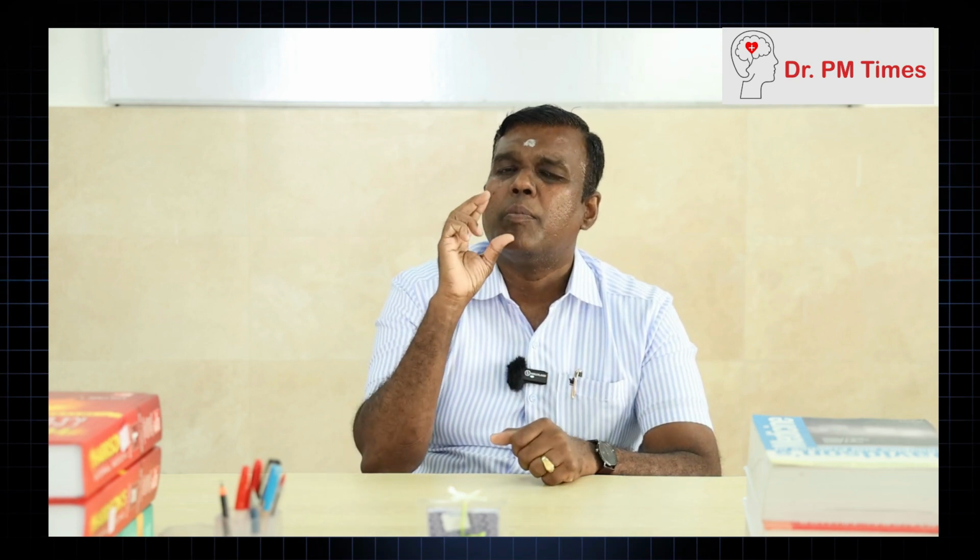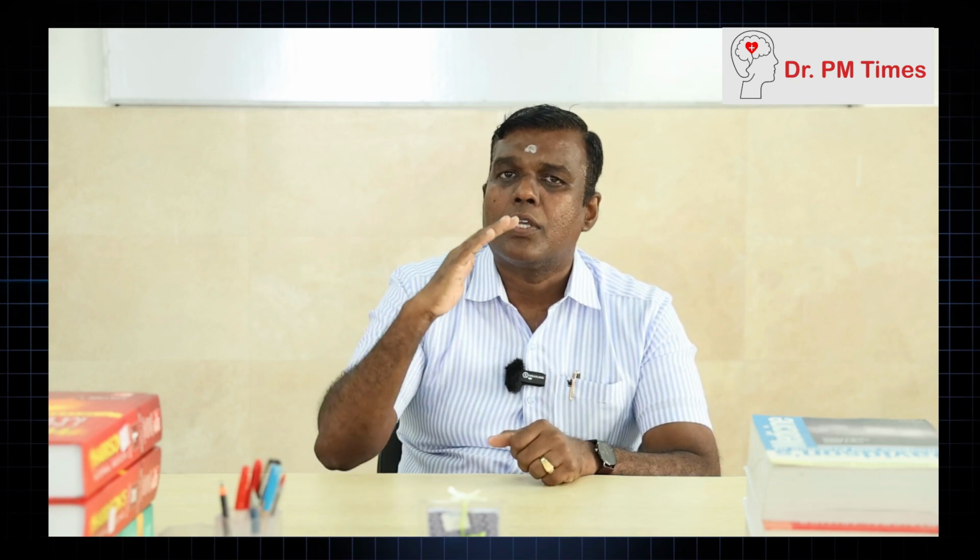So these simple habit modulations can achieve this small calorie loss of 500 kilocalories per day, and you can sustain it over a long period of time so that weight loss can be maintained. That is number one.